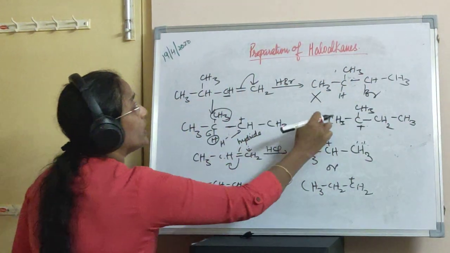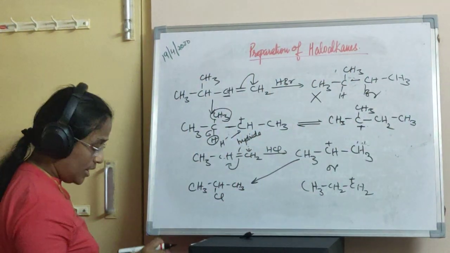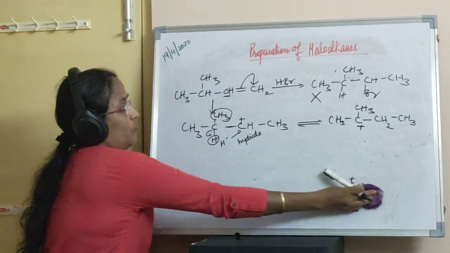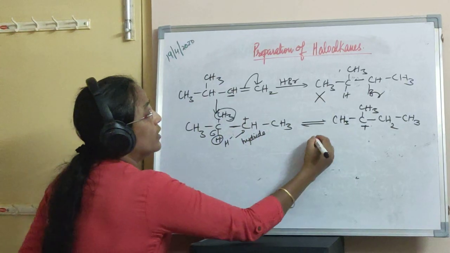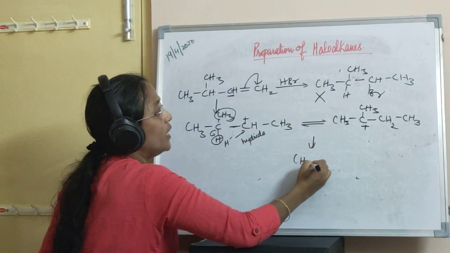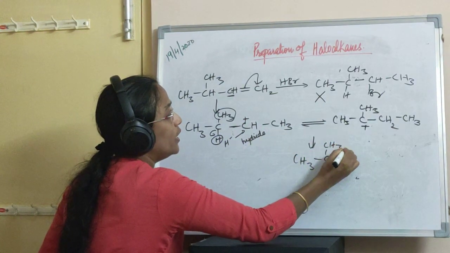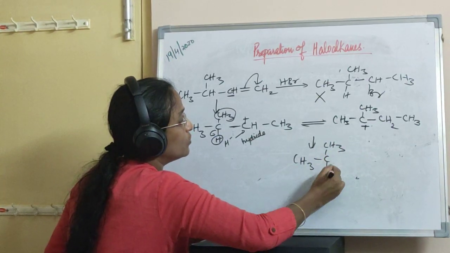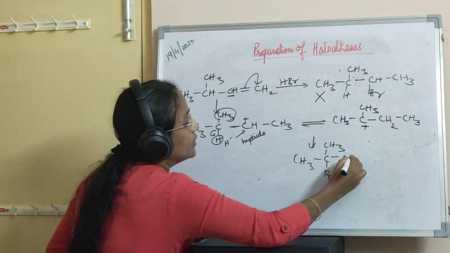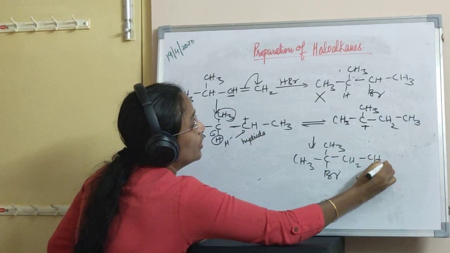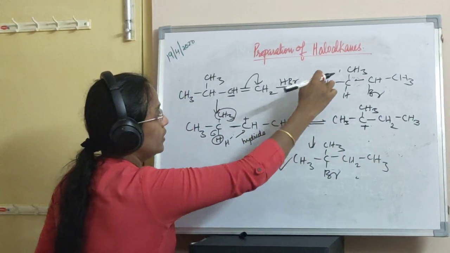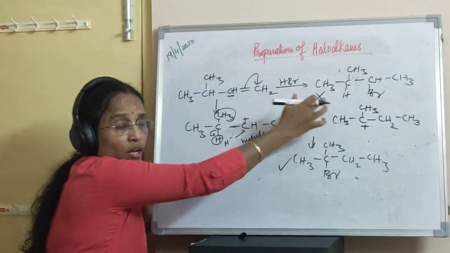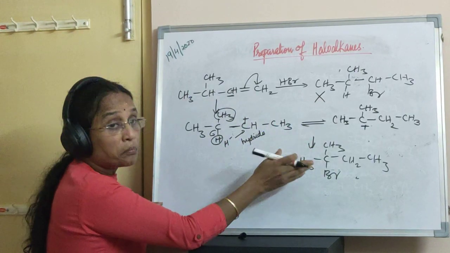So this is the tertiary carbocation which is generated, and we get a product like this: CH3, C, CH3, Br, or if you are taking HBr, the Br, and CH2, CH3. Look at this, this is the right product, this is the wrong product. So this is following Markovnikov's rule, and this is as per the mechanism.